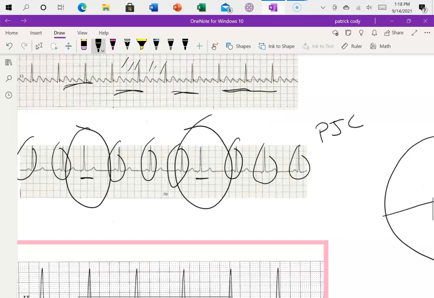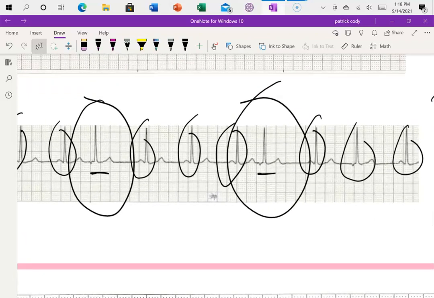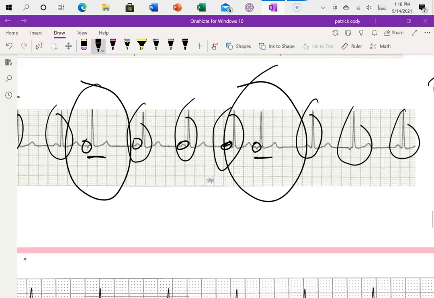So I'm going to zoom in a little bit, and what you actually have on these is, you'll notice right here, inverted P waves that look nothing like our native P waves. So again, this is narrow, right? If it's narrow, we know it's coming from the atria or the junction, and then we have an inverted P wave. The inverted P wave is the tell that this is going to be junctional as opposed to atrial.